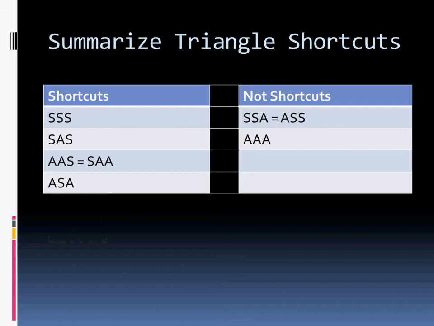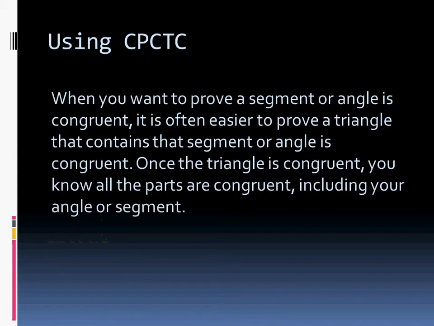And then it's easy for me to remember the other one, because angle, side, side makes that nice little acronym there. I just have to remember that that's the same as side, side, angle, and those are the only ones that don't work. If I make any other set of triangle congruencies, it is a shortcut. I just remember the ones which are not, and that helps me remember which. If I have any other triangle shortcut, I know that that works.